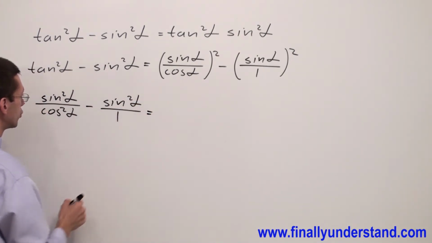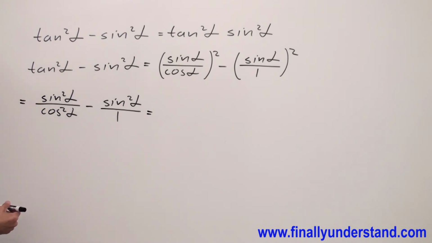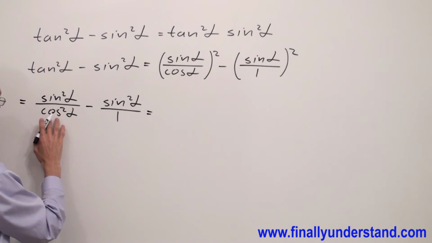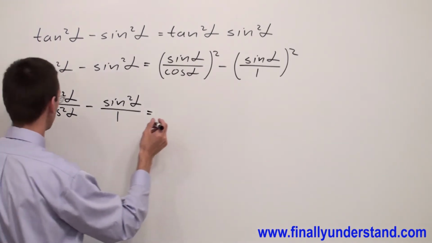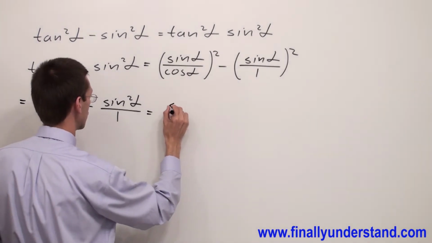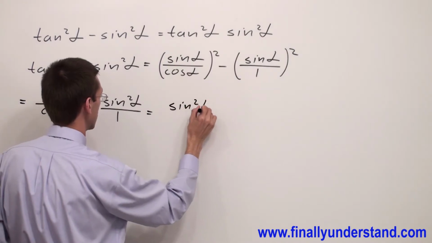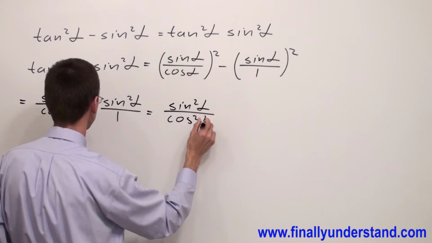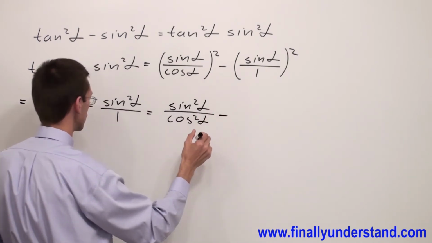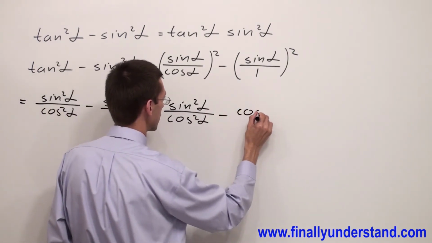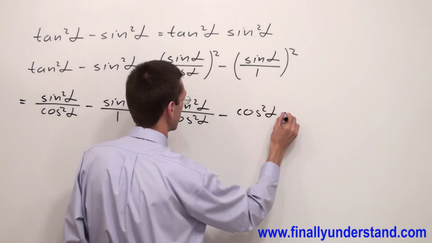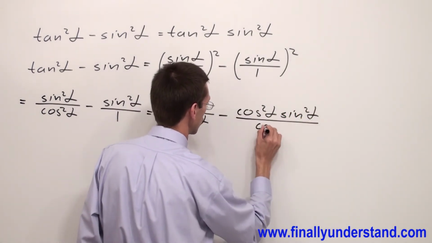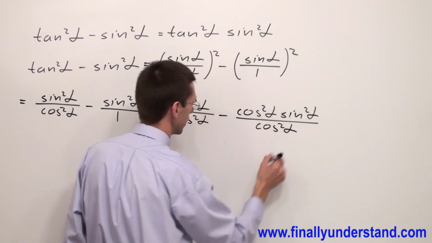Next, I'm supposed to find the common denominator. The common denominator for these two fractions is cosine square alpha. That's why I'm going to copy down the first fraction, sine square alpha over cosine square alpha, minus cosine square alpha sine square alpha over cosine square alpha.